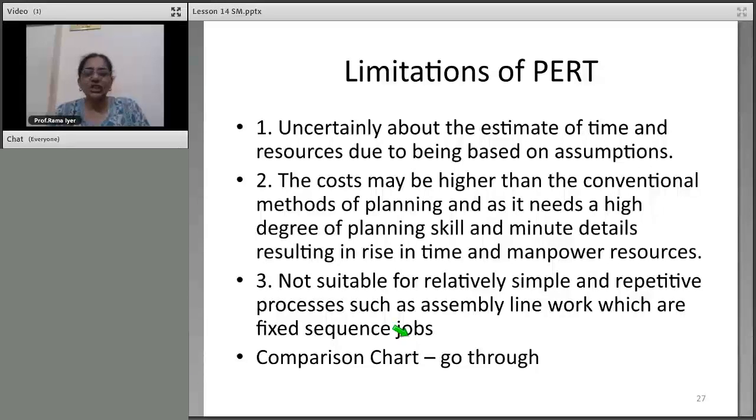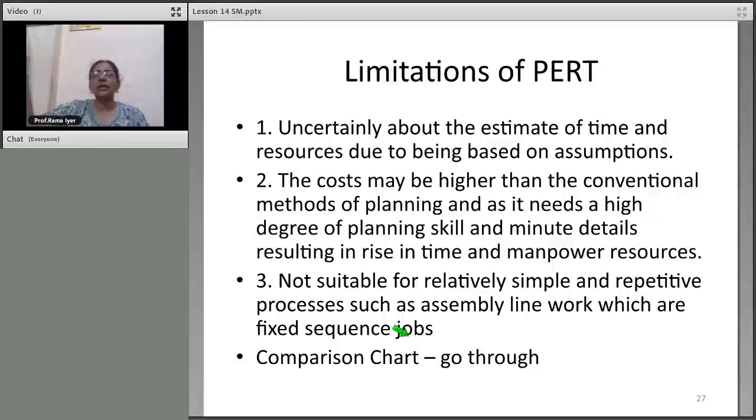Okay. So you're clear till here, right? All right. So limitations are fine, and then we have it is not suitable for relatively simple and repetitive process such as assembly line work.